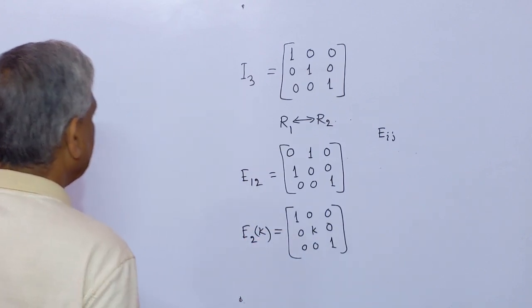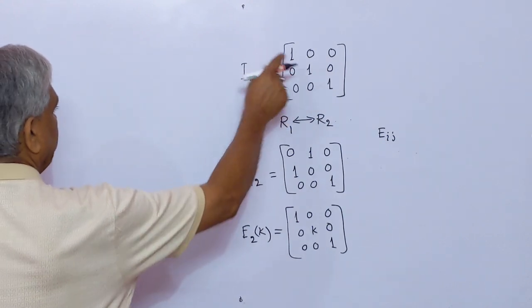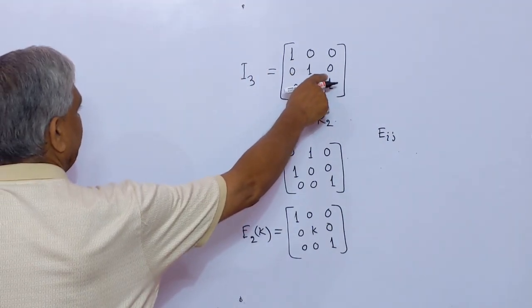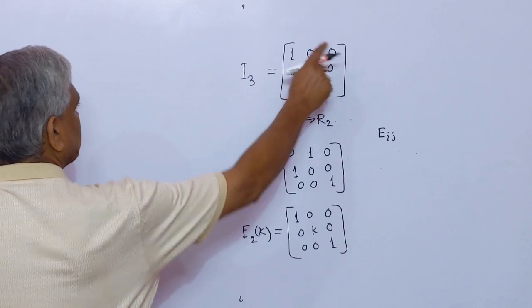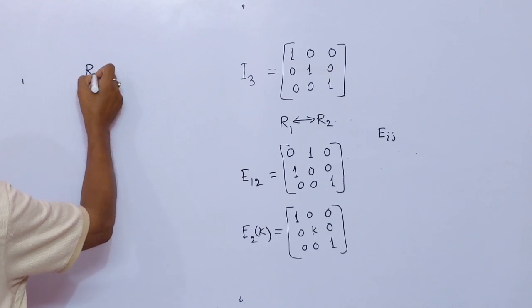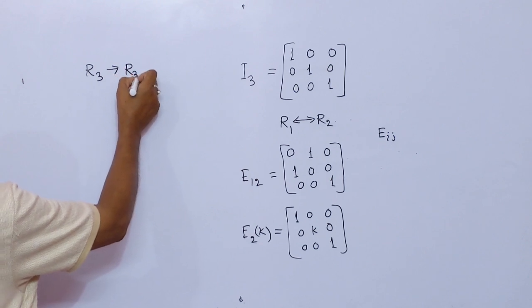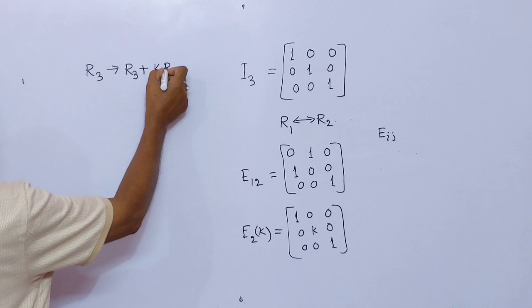And the third type of elementary matrix is when we multiply each element of a row by a number and then add it to the corresponding elements of any other row. Let R3, in place of R3 we add k multiply R1.